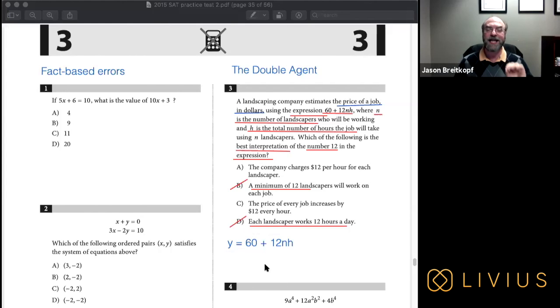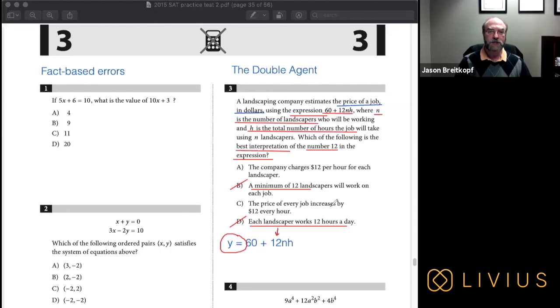You see, in the question they said, the landscaping company is estimating the price of a job in dollars. In other words, they're trying to figure out the answer using this expression. So they really want eventually to know the Y. They want to know the answer. But this question isn't asking you to find the answer, it's asking you to find what this represents.